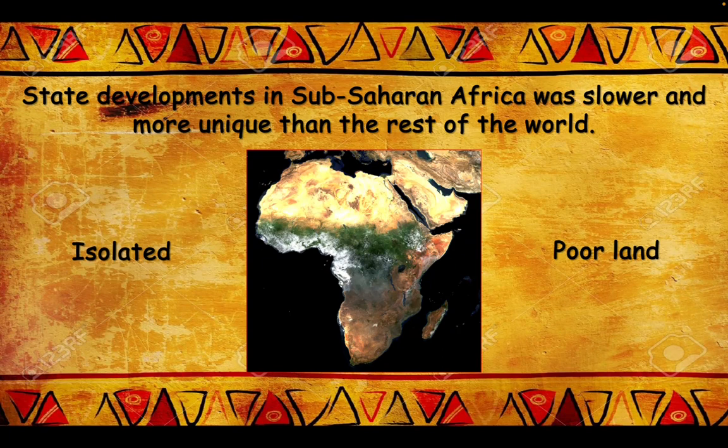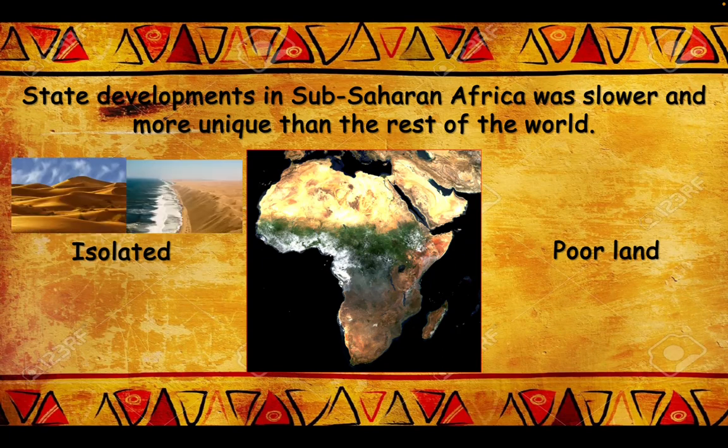When we talk about the isolation, first of all, we talk about the deserts. The deserts are very impenetrable. You see the Sahara on the left and the Namib on the right. This isolation is not allowing the ideas that are developed in other areas to diffuse.